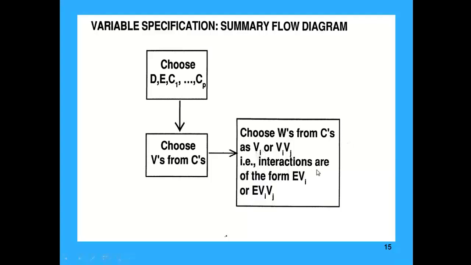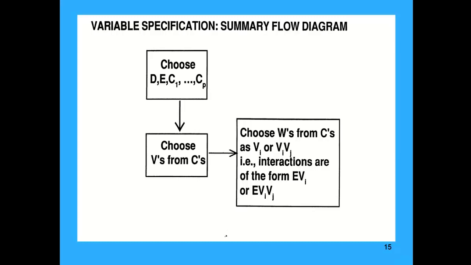So the interaction terms are going to be of the form E Vi or E Vi Vj or some combination of them. So that's where you're at at the start of the modeling strategy, the variable specification stage. You have to make these decisions. It's not easy.